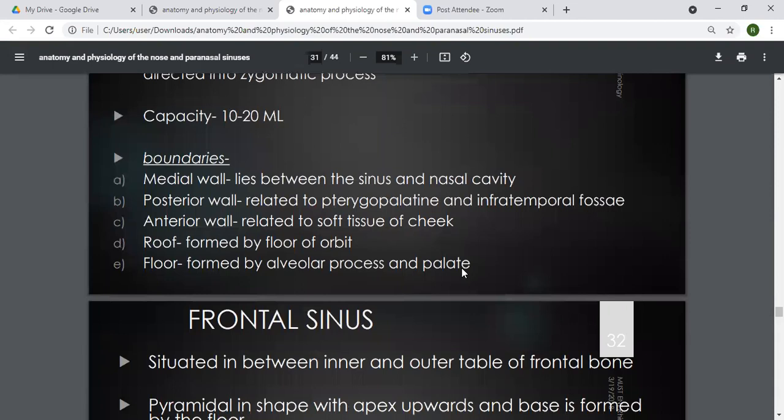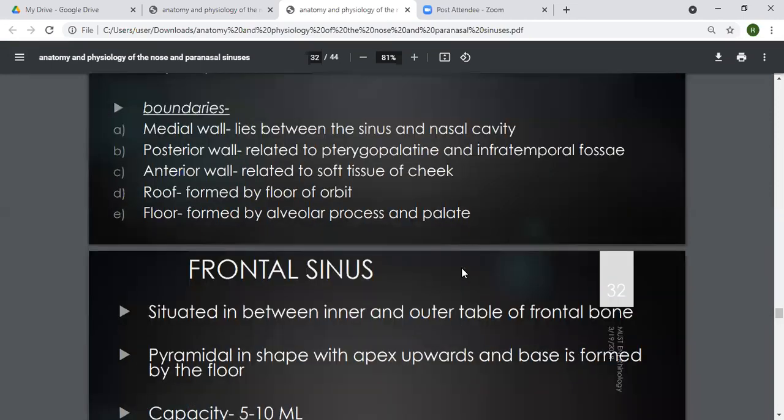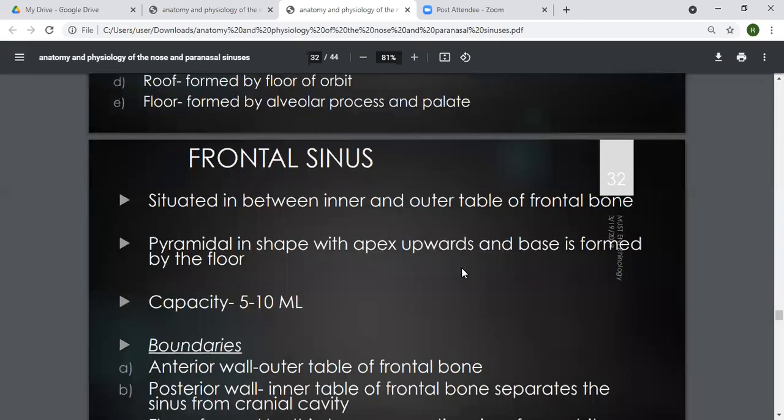For the frontal sinus, it's situated between the inner and outer table of the frontal bone, and this is pyramidal in shape. Its apex faces upwards, while the base is formed by the floor. Capacity is about 5 to 10 mils.